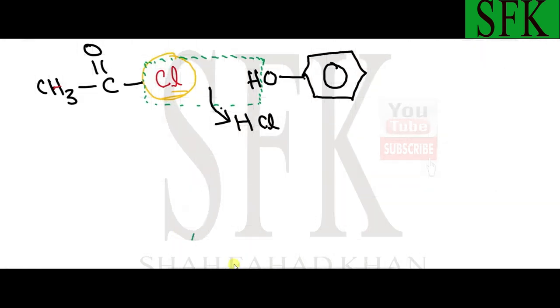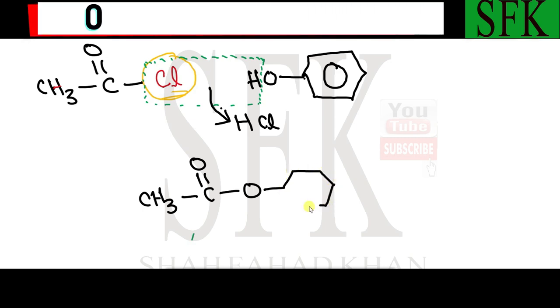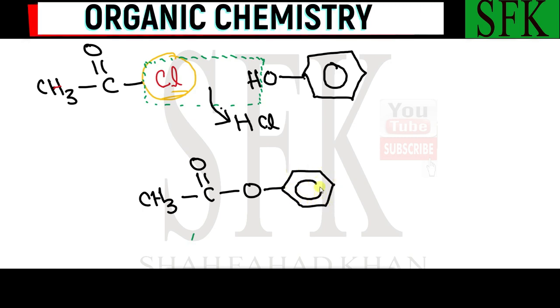When HCl is removed, a covalent bond forms between these two atoms from where the HCl is removed. So the product that we get is basically an ester, CH3COO with the benzene ring attached. This is our product of acyl chloride with phenol.